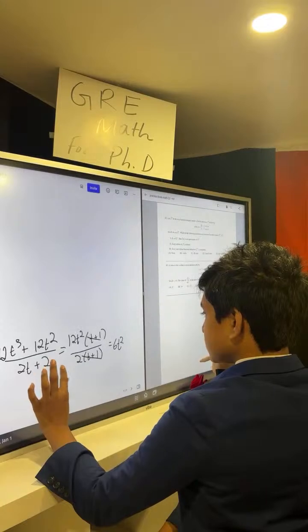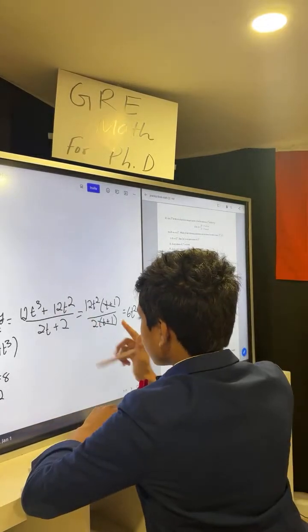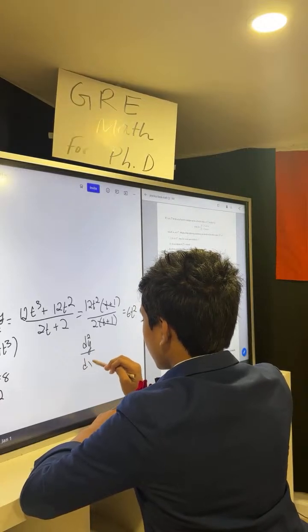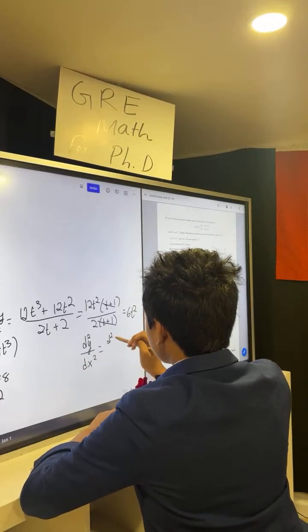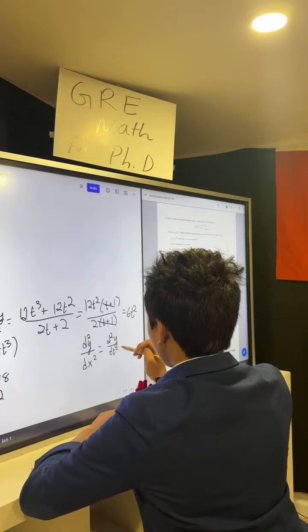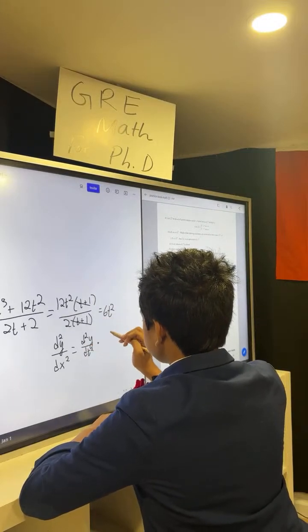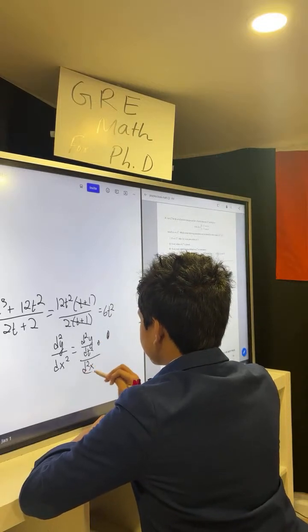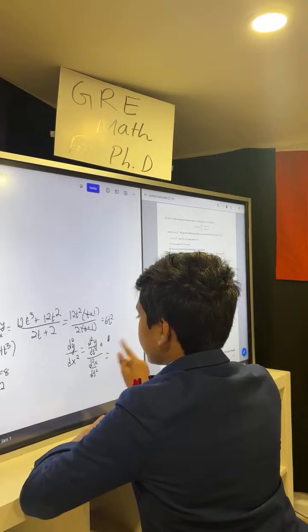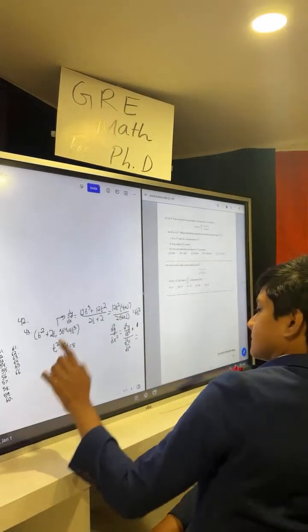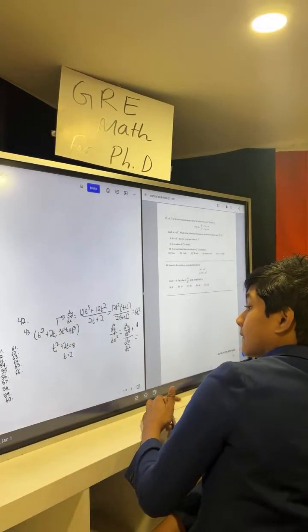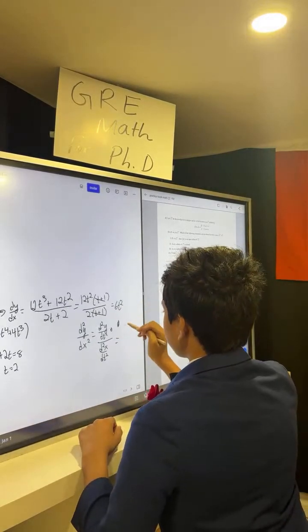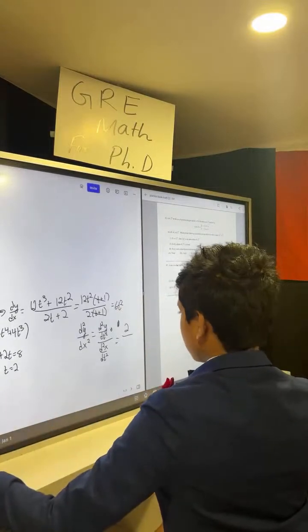Okay. Then we have the d squared y dx squared equal to d squared y dt squared divided by, oh, okay. What's the second derivative of this? That's just 2, right? Oh, that's x.